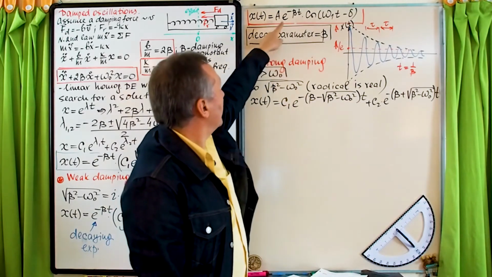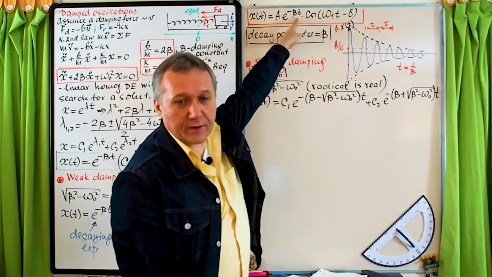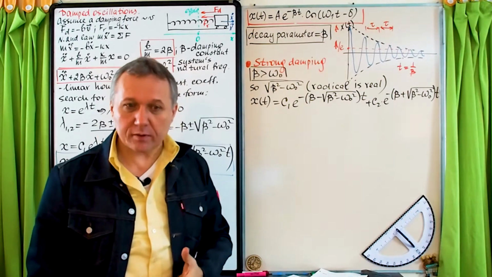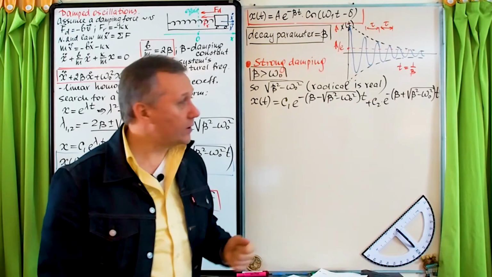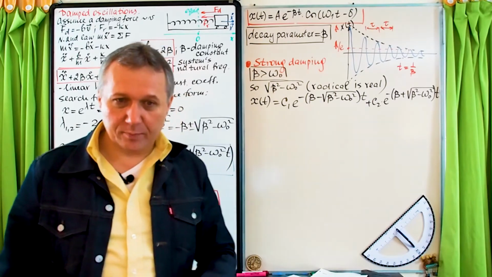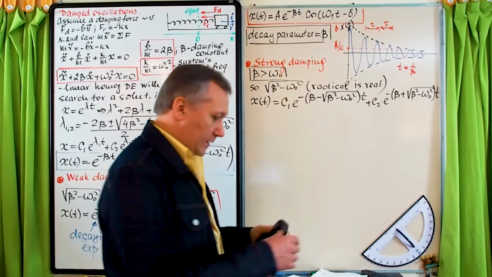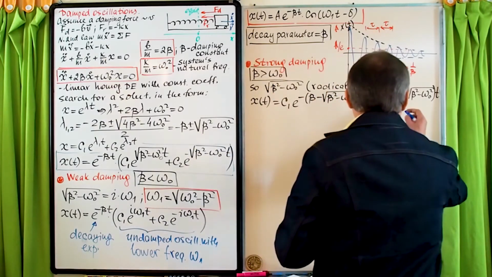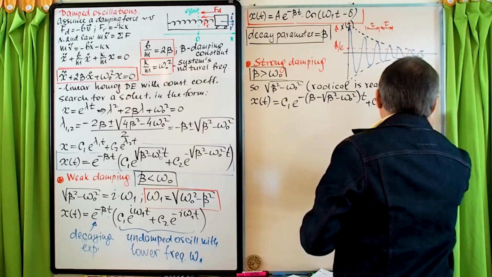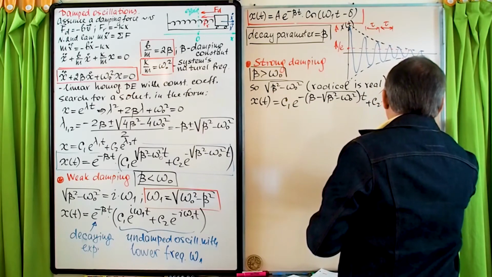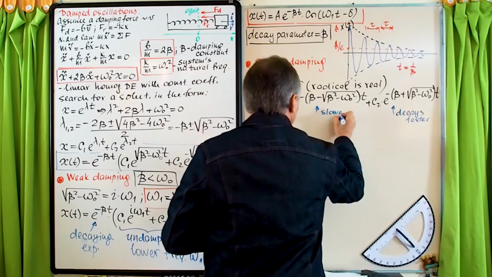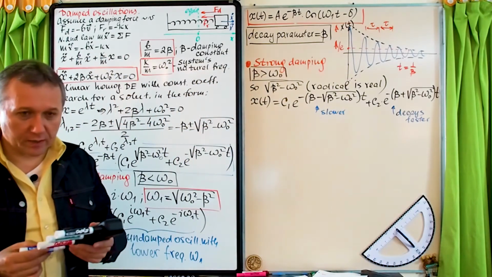Again, earlier we had e to the power of minus beta t, so that factor beta in front of t controlled the decay rate, and that was our decay parameter. But now this whole construction, which stays next to t, is our decay parameter. So let me write something. This decays faster, and this, of course, decays slower and lives longer, controlling our decay rate.